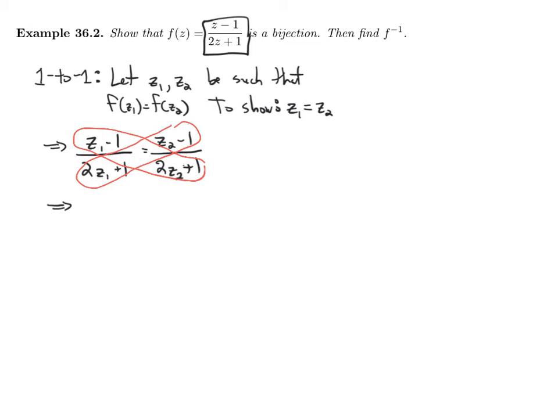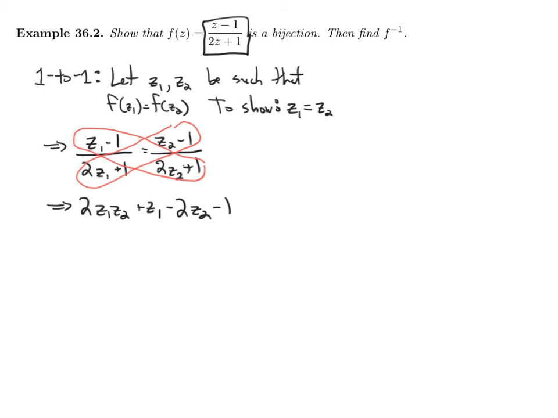So (z1 minus 1) times (2z2 minus 1) is 2z1z2 plus z1 minus 2z2 minus 1. So that is this multiplication here.